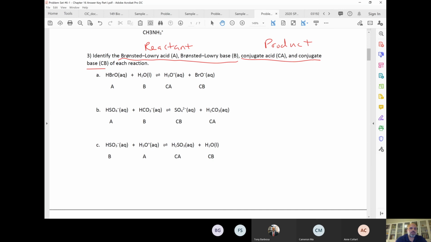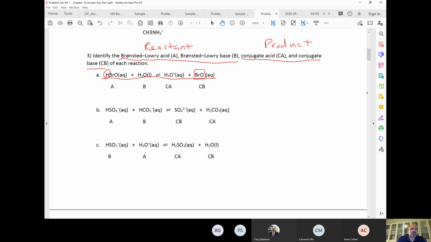So when you're looking at the equation, you want to compare the left to the right. The Bronsted-Lowry acid is always the thing that gives up the proton. If you look at it before, you have an extra proton, whereas after, you've lost the proton.